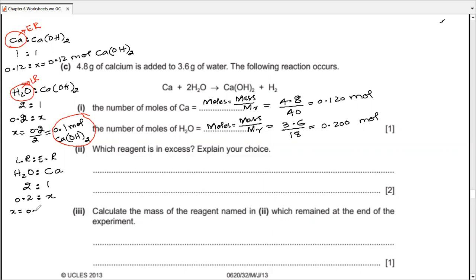No, I don't think that is right. Well, this is going to be 0.2 over 2, and this would be 0.1 mole of calcium. So that is calcium consumed. Okay. So remember, this was the total amount of calcium. So total minus consumed is equal to left unreacted.